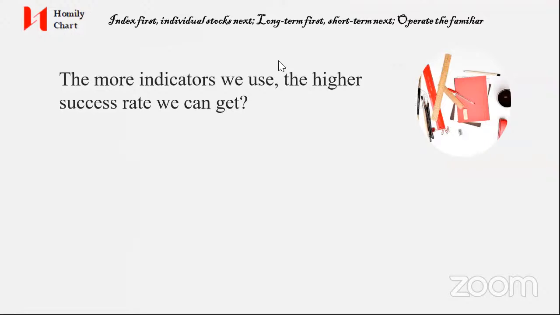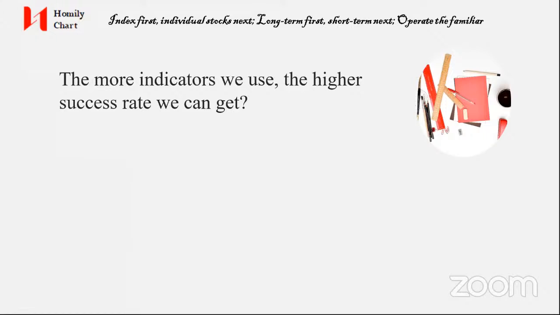Because I always tell new members there is a regularity which can be applied for any field, for any industry. This regularity is you only have to spend 20% of your energy to master 80% of the knowledge and skills of this field. But for the rest 20% of knowledge and skills, you have to spend 80% of your energy to master.